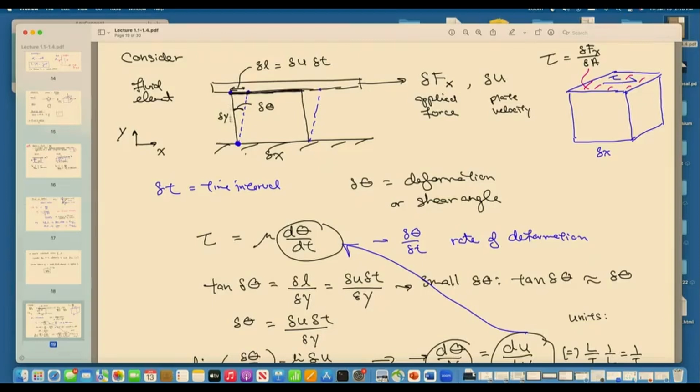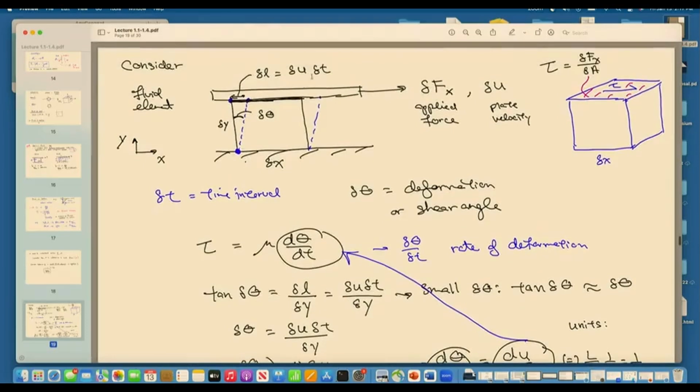And let's consider this side here, delta y. And we're going to impose a force in the x direction. Okay? And then this will be associated also with a plate velocity. We could consider it delta u.